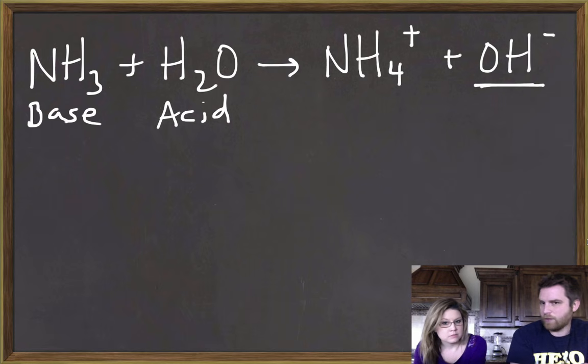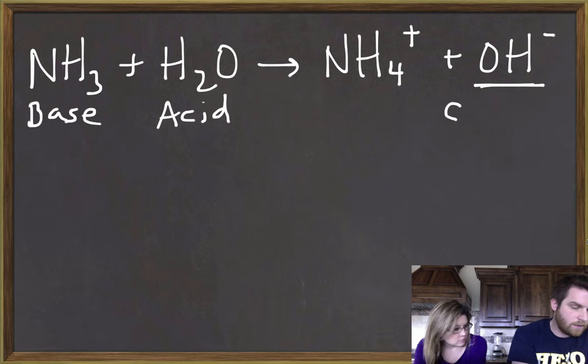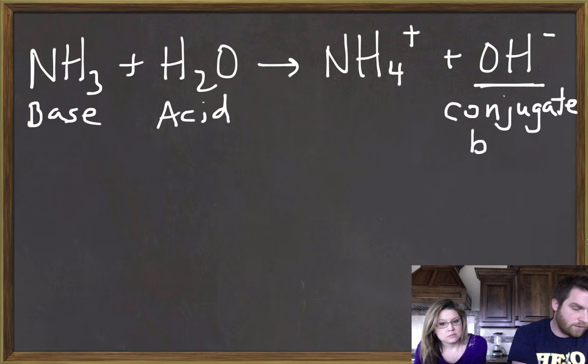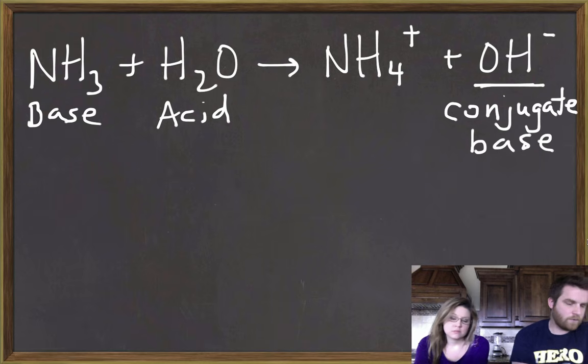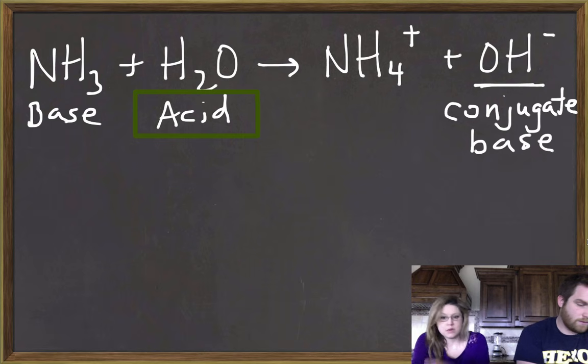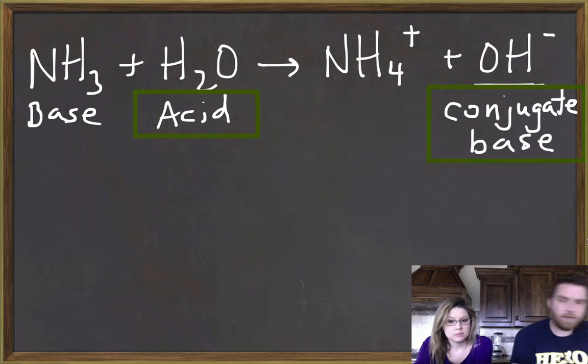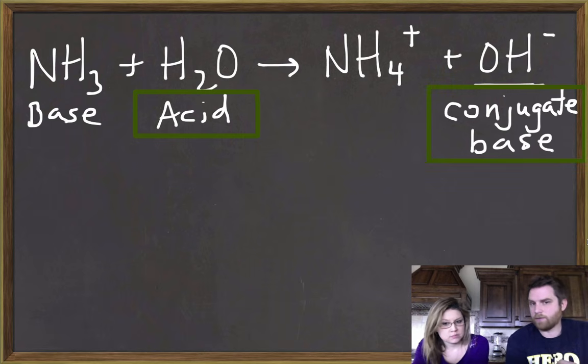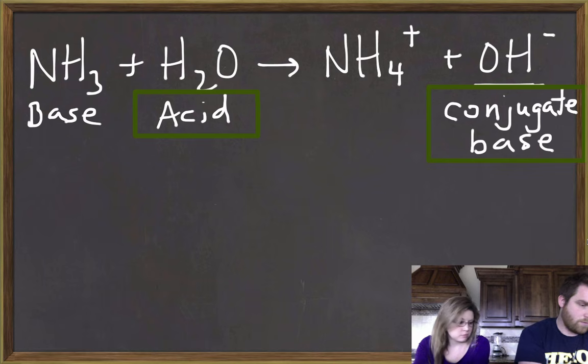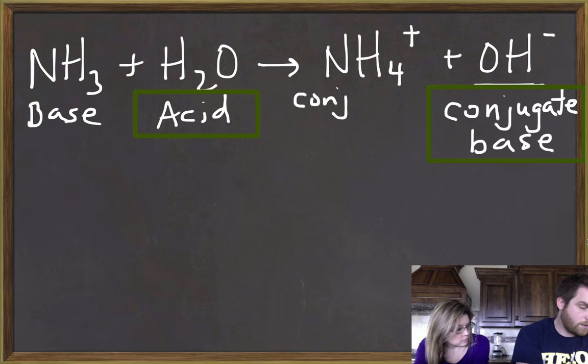After the acid donates a proton, it becomes the conjugate base, because it would need to accept a proton now. So the acid becomes a conjugate base on the right-hand side, just its pair. And so then the ammonium ion here on the right, since it started out as a base, it is now the conjugate.